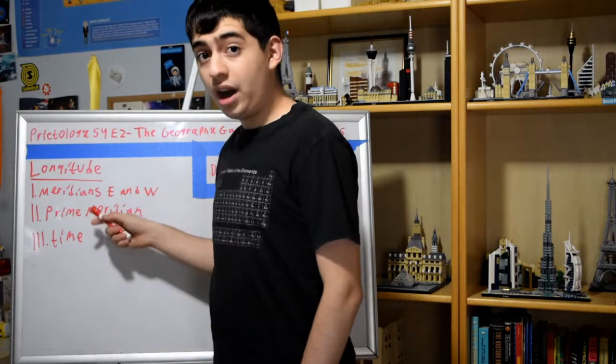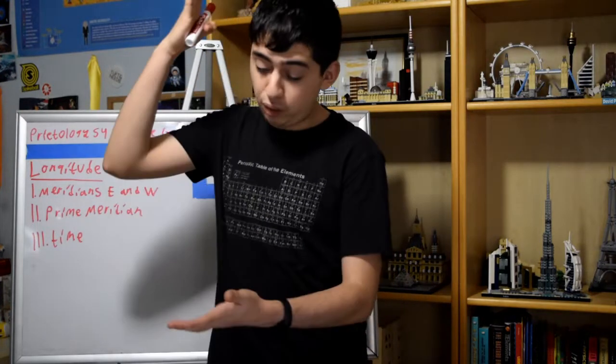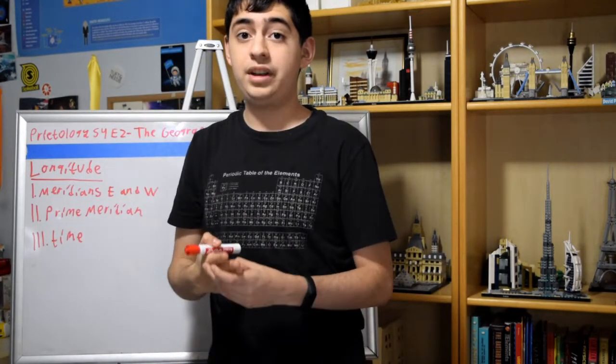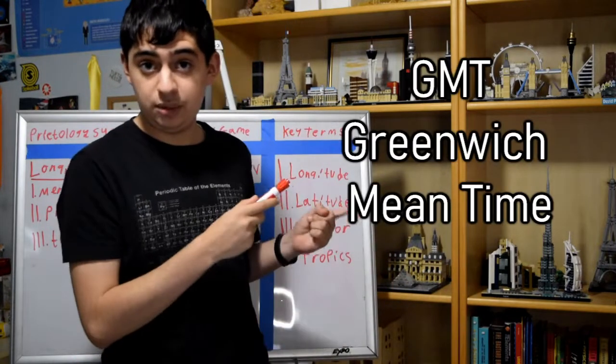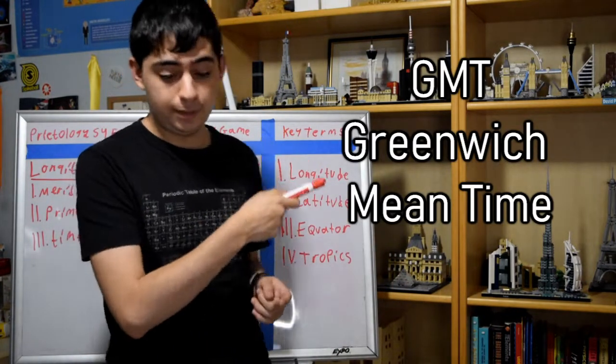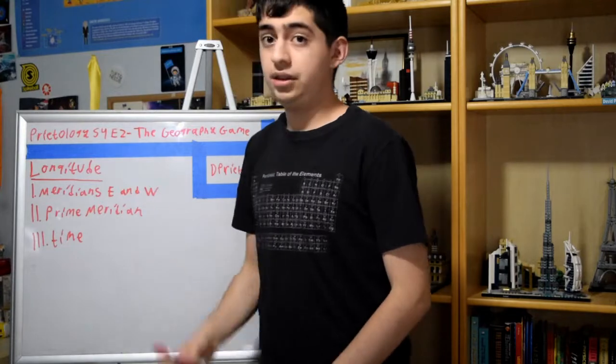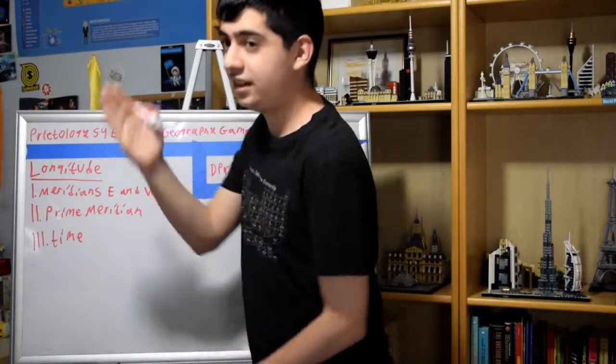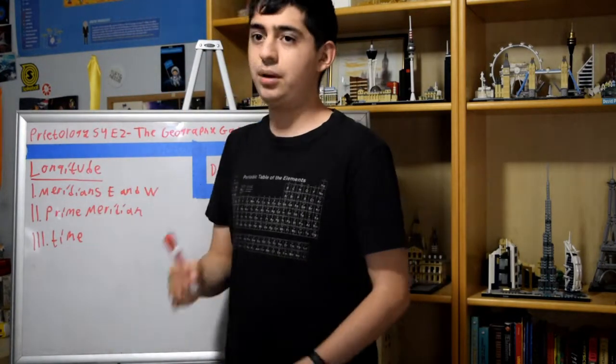There is something called the prime meridian, which runs exactly through the middle of something called Greenwich, which you've probably seen as GMT, Greenwich Mean Time. It's at 0 degrees, neither east nor west. It's exactly in the middle of the Earth, the exact middle of the time.